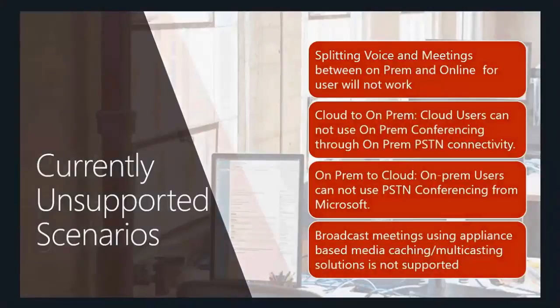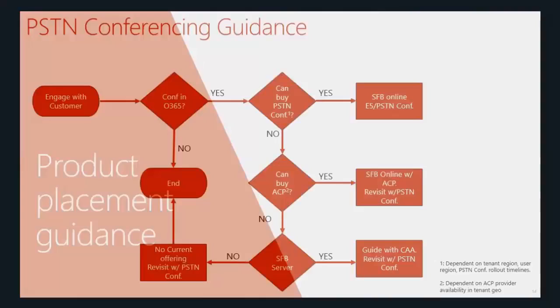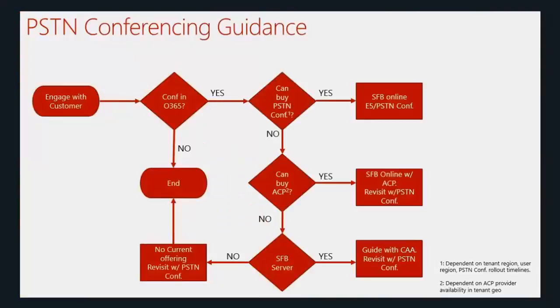Good. And the last part of the presentation, because maybe not all of you are very technical and want to also look a little bit at the sales side of Skype for Business Online, I put here some graphs, some basic workflows or decision trees based on which you can decide what service you can offer to a certain customer based on their needs.